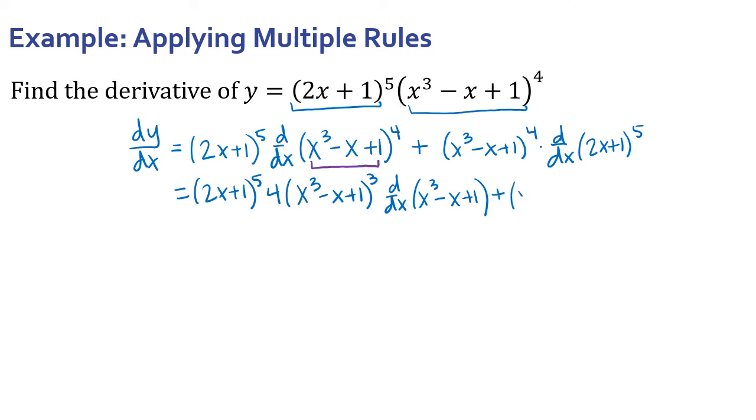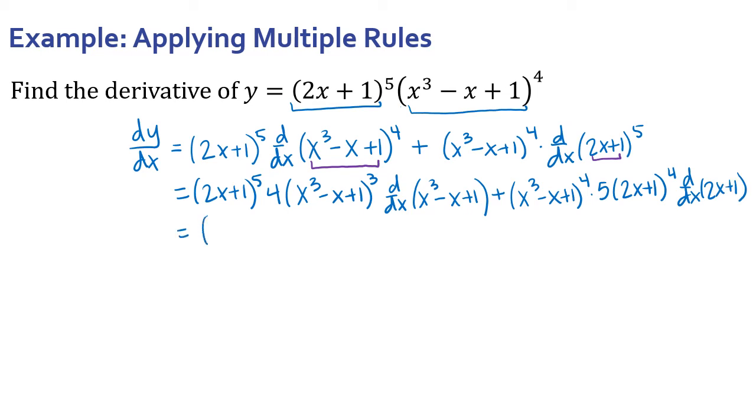And then we have x cubed minus x plus 1 to the 4th power times, so again we have to do the chain rule as well, where our inside function is the quantity 2x plus 1. So this becomes 5 times 2x plus 1 to the 4th power times the derivative of 2x plus 1.